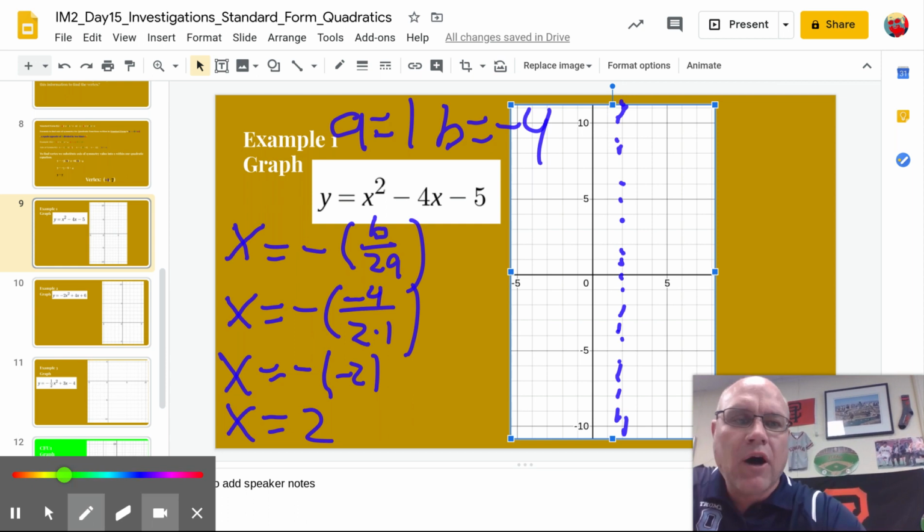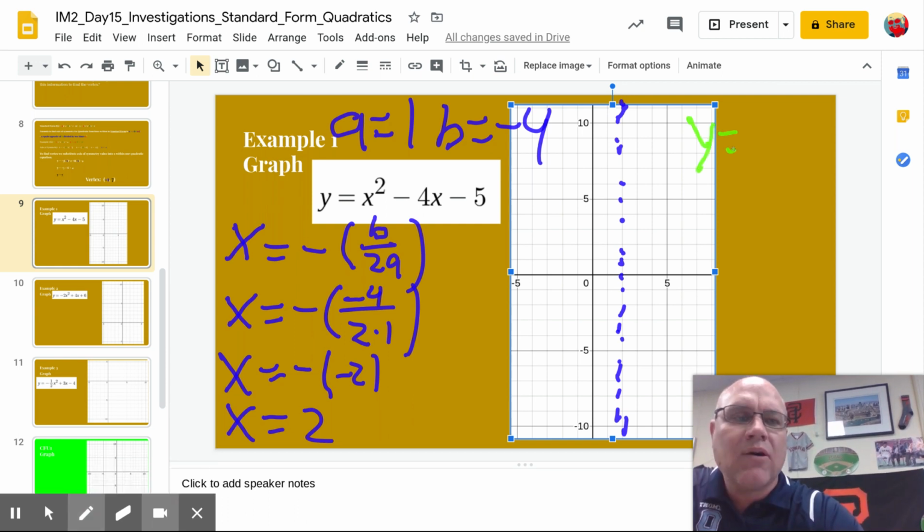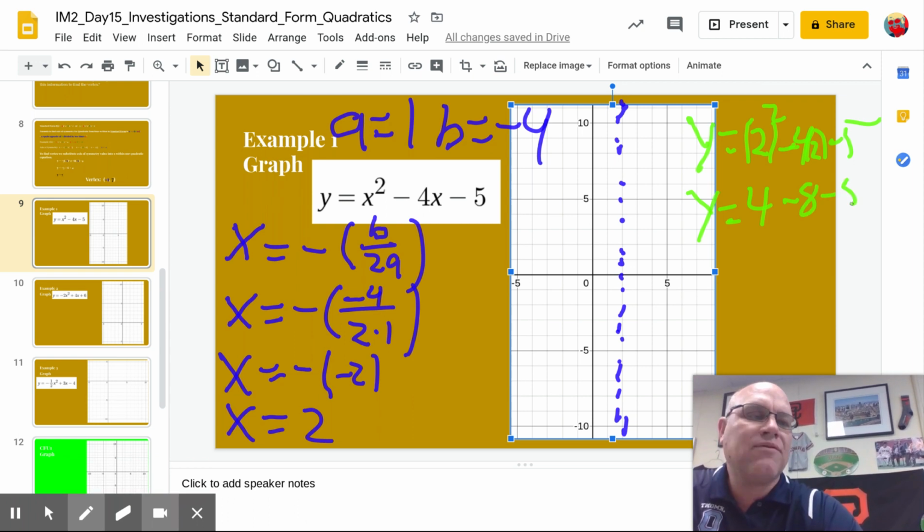So y equals 2 squared minus 4 times 2 minus 5. So y equals 2 squared is 4, minus 8 minus 5. So I get y equals -9.